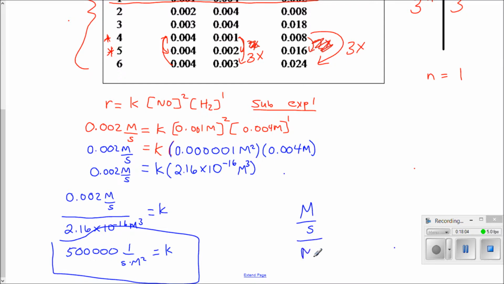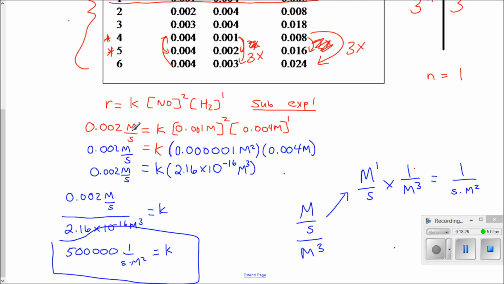Remember, math rules, guys. If you have meters per second, what you've got to do is flip the second one and multiply by its reciprocal, okay? So that has an exponent of 1, so that has an exponent of 2. The answer will be seconds per meter, per mole per liter squared. The big M means moles per liter.